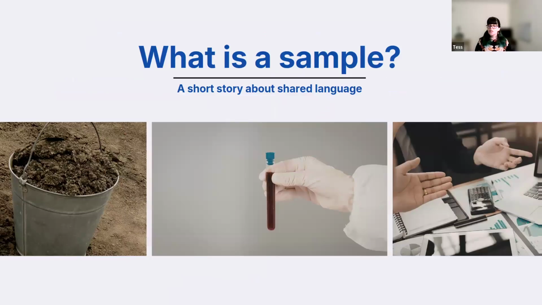So I have a little anecdote here about a particular issue that occurred because data strategy wasn't properly implemented. I worked with a couple different scientists. They worked on the same project, but within different teams. And what ended up happening is that the scientists were calling a sample something different while performing similar tasks.